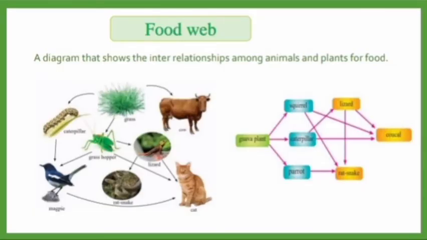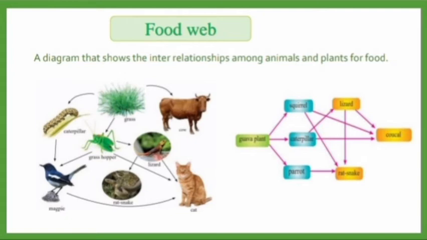What is a food web? A diagram that shows the interrelationships among animals and plants for food is known as a food web. If you observe the diagram here, grass is eaten by the caterpillar, the grasshopper and also the cow.